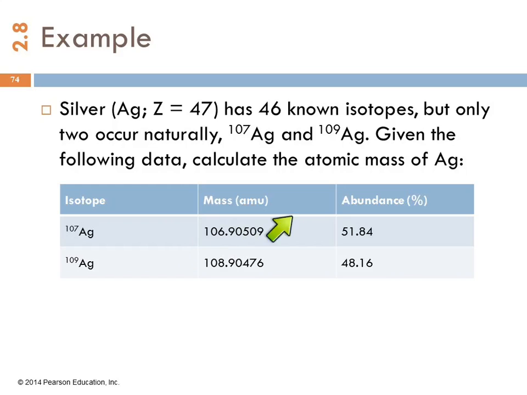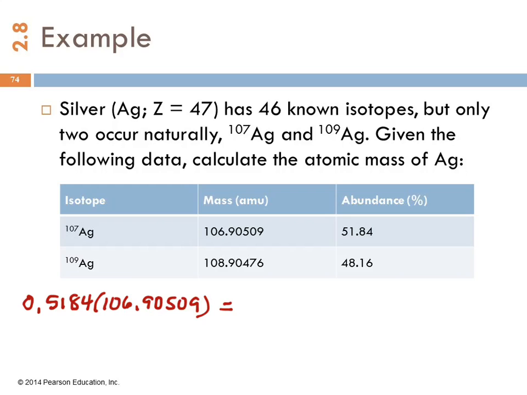We're going to take the mass times the abundance as a fraction. So 0.5184 times 106.90509.